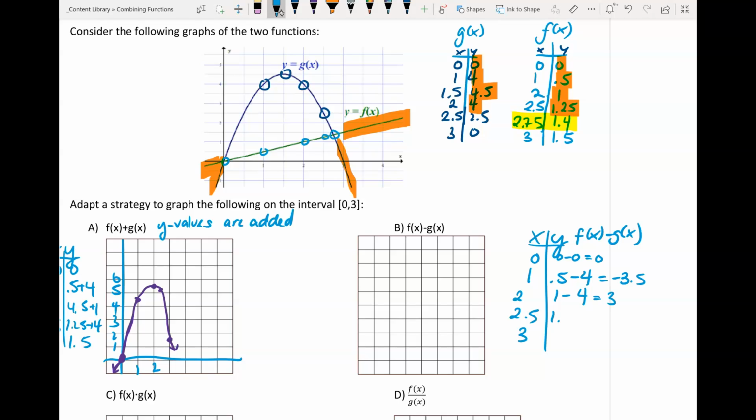Then we have 1.25 minus 2.5, which is negative 1.25. Then lastly, 1.5 minus 0 is 1.5. And we'll graph these points.